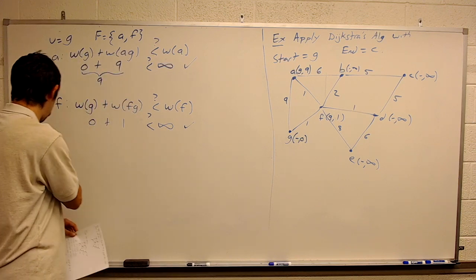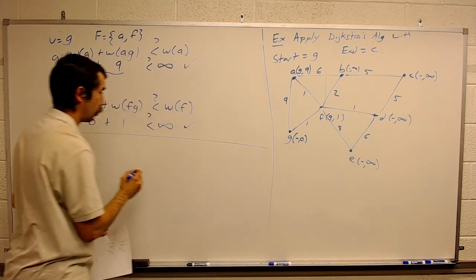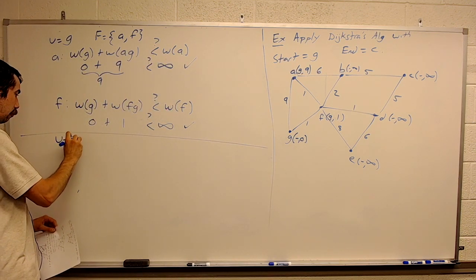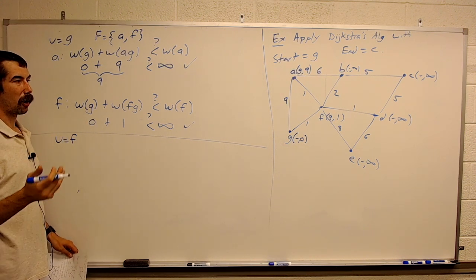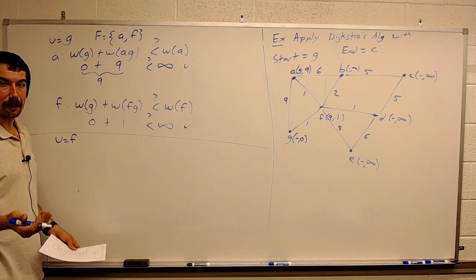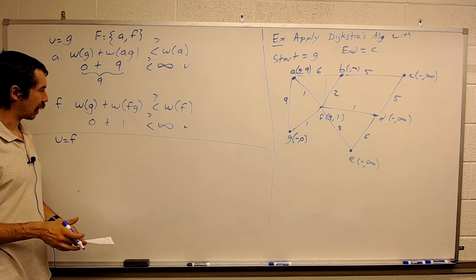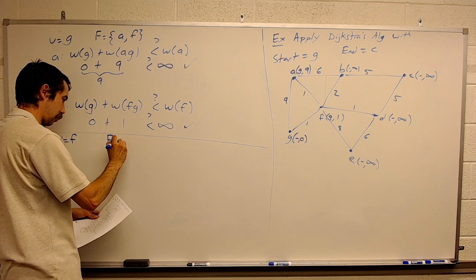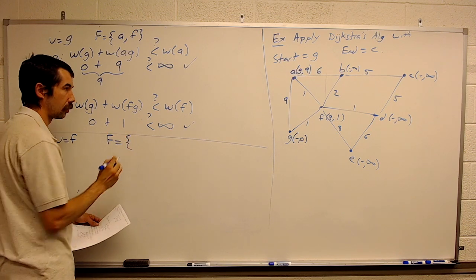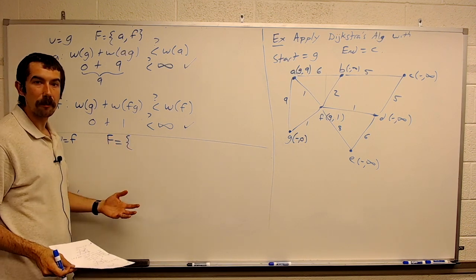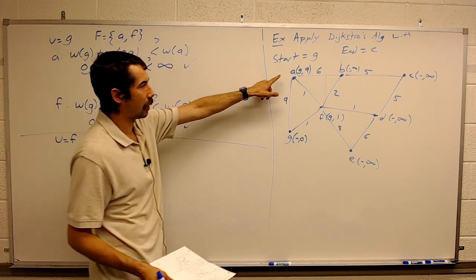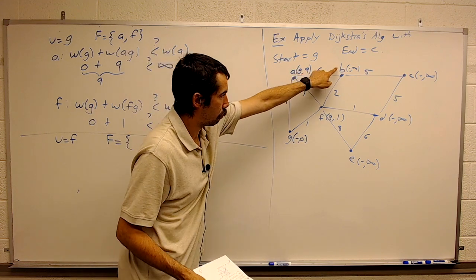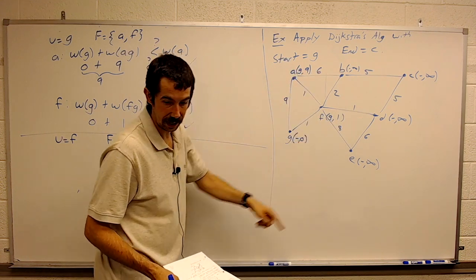So now U equals F. All right? Now we want to look to the vertices, the neighbors of F that haven't been highlighted yet. And we're going to do the same process that we just did. All right, so the neighbors of F that haven't been highlighted are A, B, D, and E.